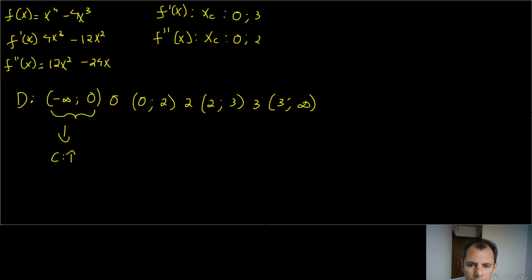Between 0 and 2, the first derivative is not 0, so you know that there's a slope up or down. Let's see the concavity. For 1, it's going to be 12 minus 24, so the second derivative is negative in this domain here. So we know the concavity is down.